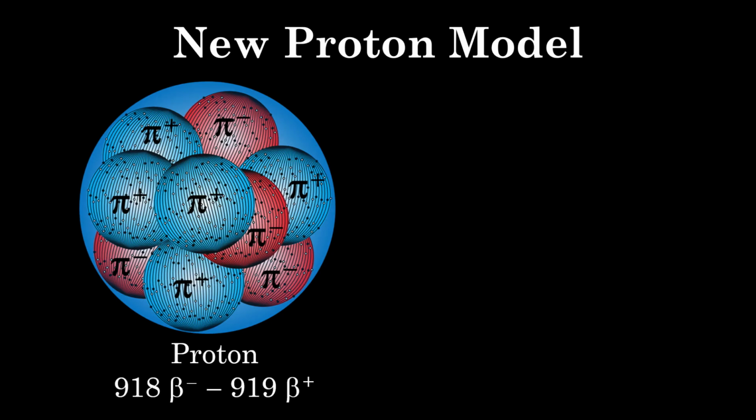Our proton is made of 1,837 particles, 918 beta electrons and 919 beta positrons that arrange themselves into 5 positive pions and 4 negative pions that have an average bound mass of about 204 free electron masses each.